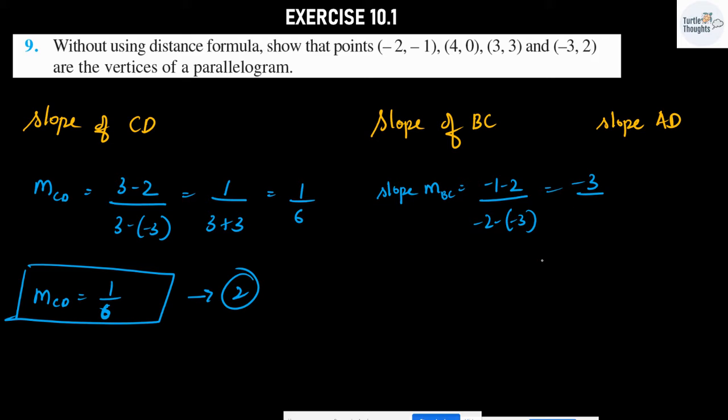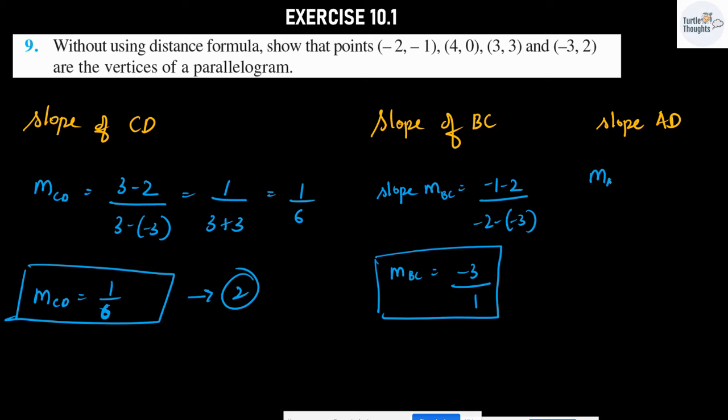So upon simplifying, what will be the value of MBC? Minus 3 over 1, right? So this is going to be the slope of MBC.